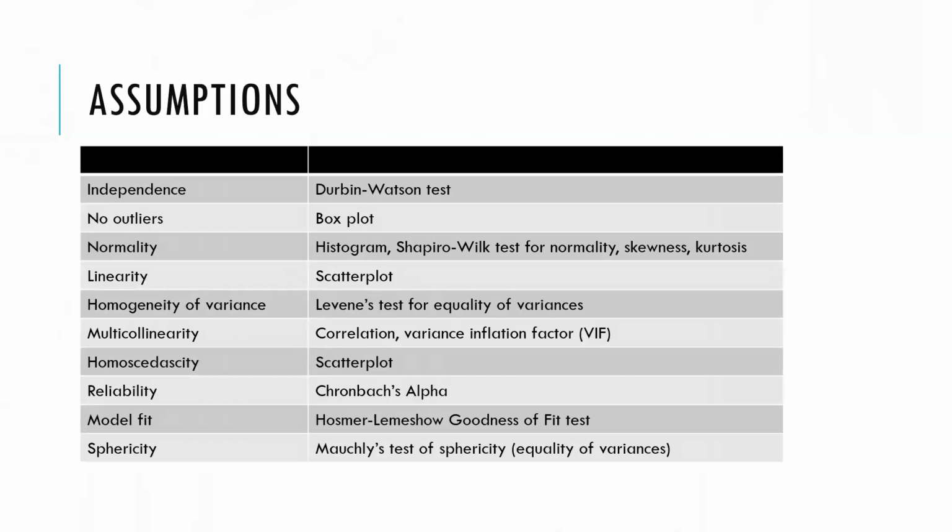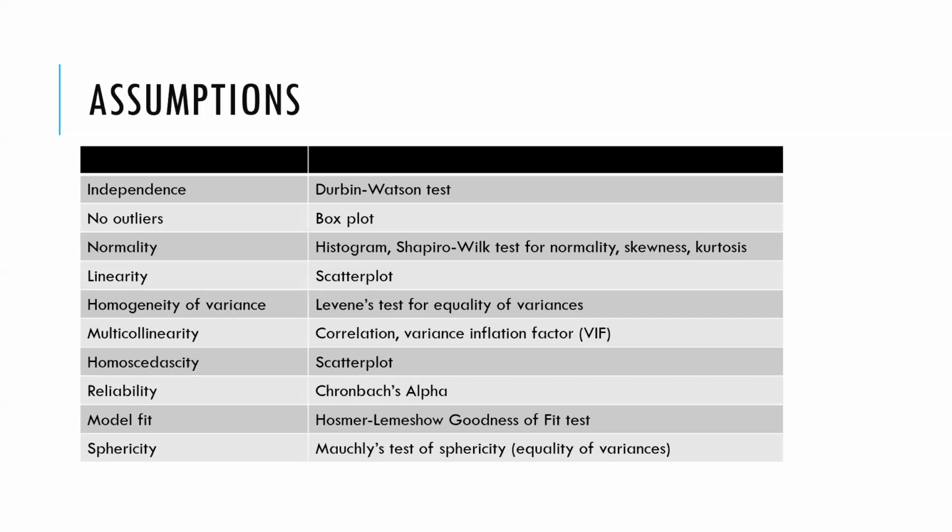Before you begin your statistical analysis, the next step is to look for the types of assumptions that you need to be testing for. And without going into all of those different ones, the main ones are going to be things like independence, normality, and linearity. So you have the Durbin-Watson test for independence.